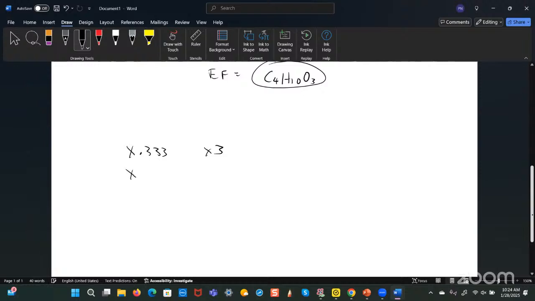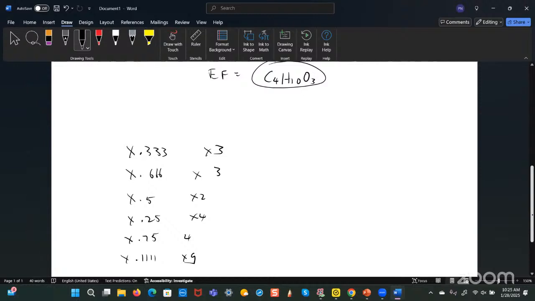If you have something like 0.666, recurring 6 after the decimal point, then you multiply by 3. If you have something like 0.5, you multiply by 2. If you have something like 0.25, you multiply by 4. If you have something like 0.75, multiply by 4. If you have a recurring 1 after the decimal point, multiply by 9.